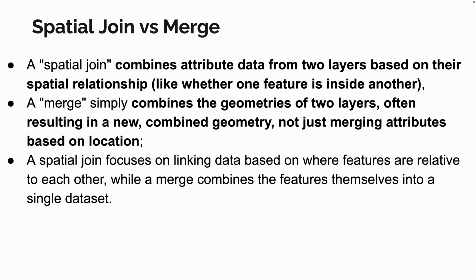There are other techniques that are similar. So what's the difference between a join and a merge? A merge just combines the geometries of 2 layers. It doesn't necessarily join attributes based on location.